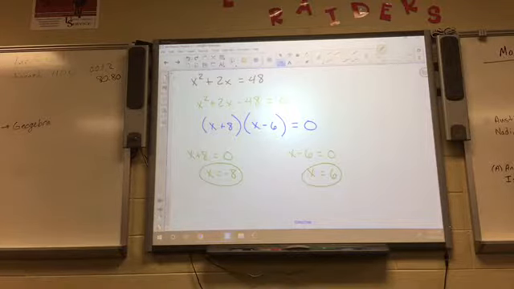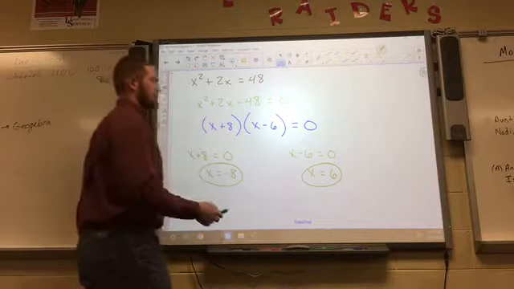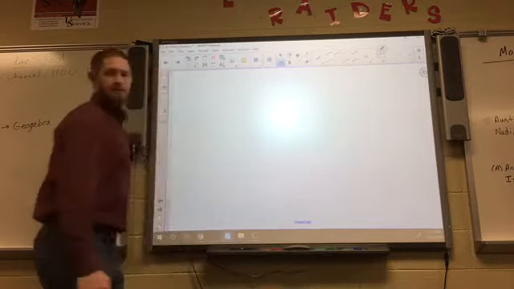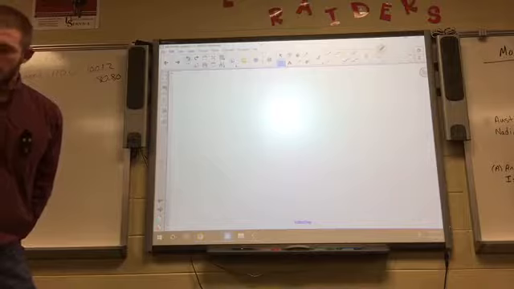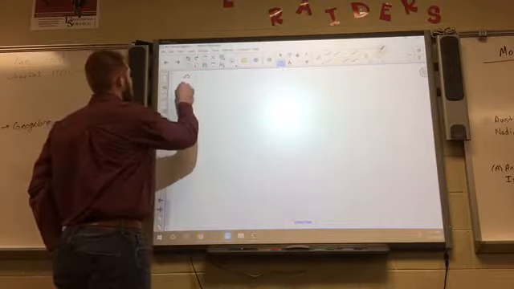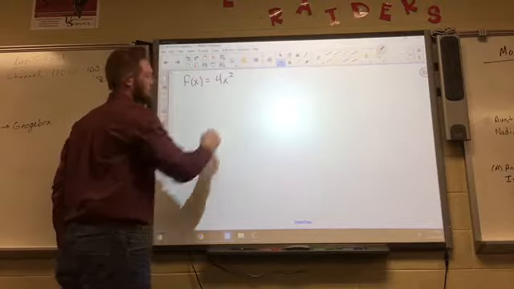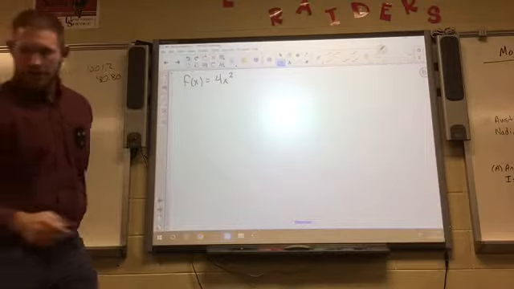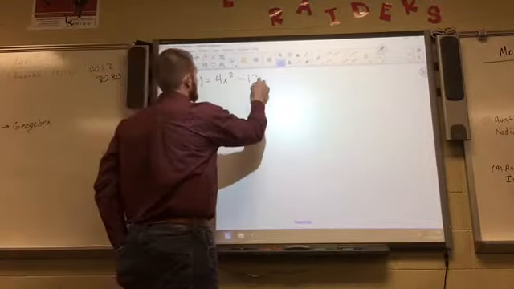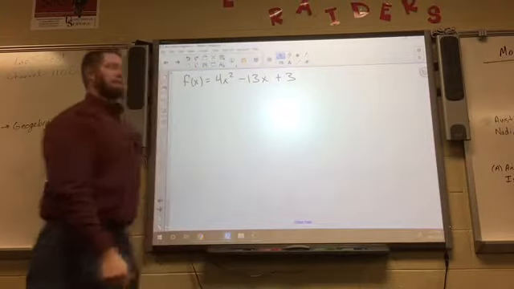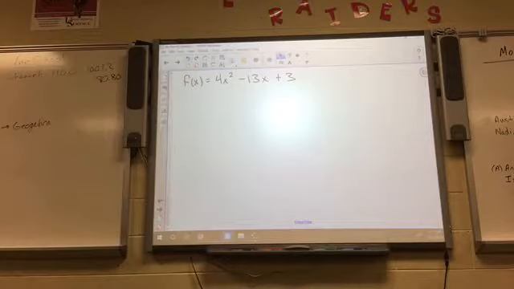The next one is a little bit more difficult. Now, on the next one, they change what they're asking you. They give you a function, f of x equals 4x squared minus 13x plus 3. The difference is they didn't put 0 in there and say solve for x.